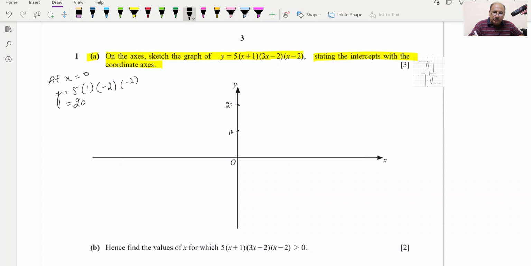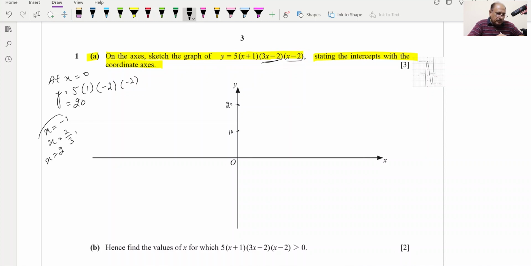Now for y equal to 0, the solutions will be x equal to minus 1, and when we take this factor equal to 0, it will be 2 over 3, and if we take this one equal to 0, we'll get x equal to 2.